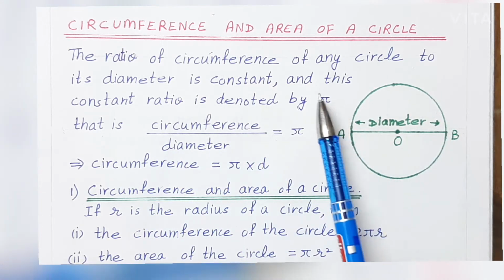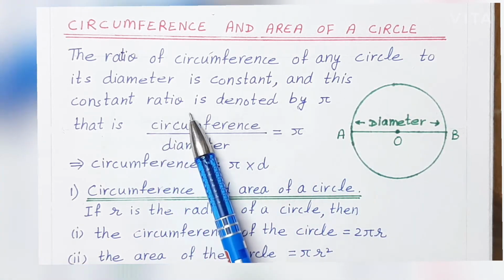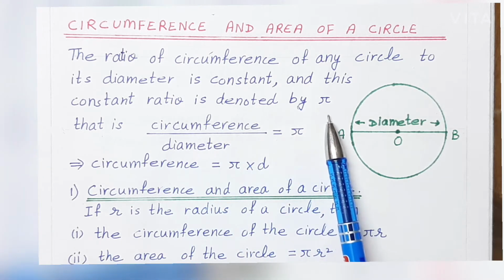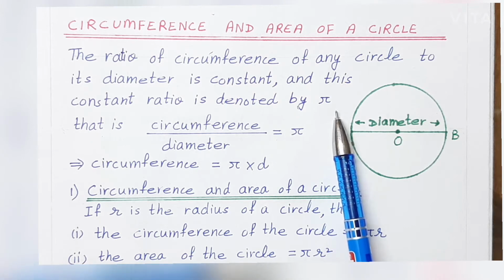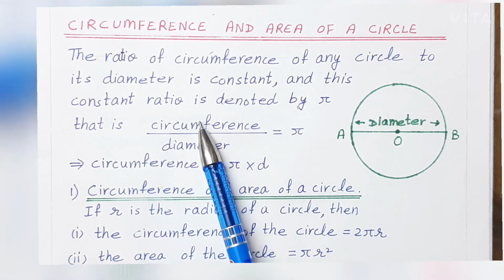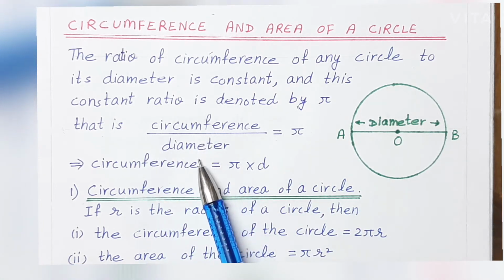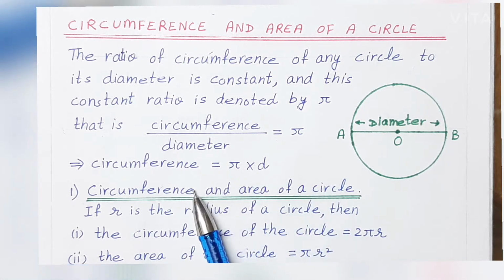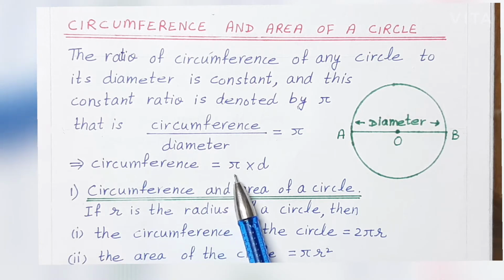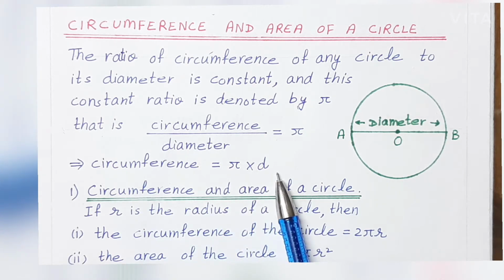Clear? And this constant ratio is denoted by pi, P-I, pi. Clear? So, circumference upon diameter is equal to pi, or we can say circumference is equal to pi d. Clear?